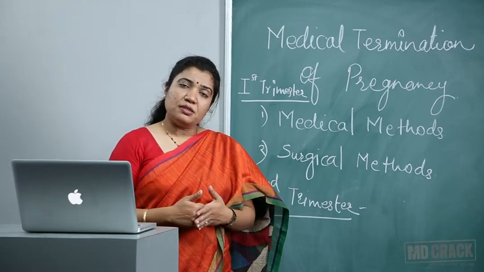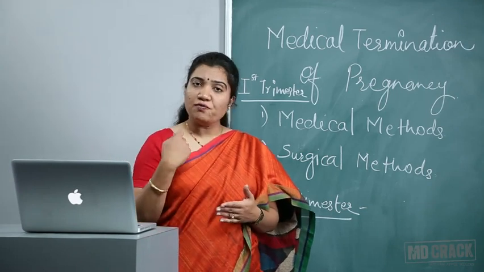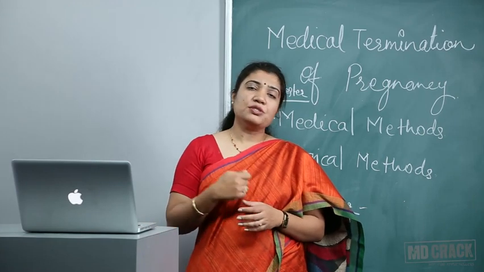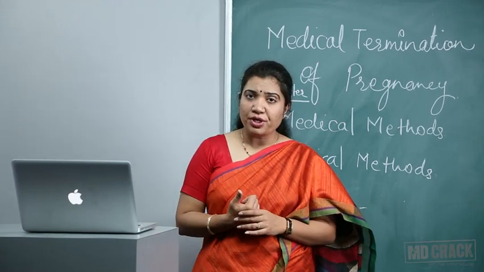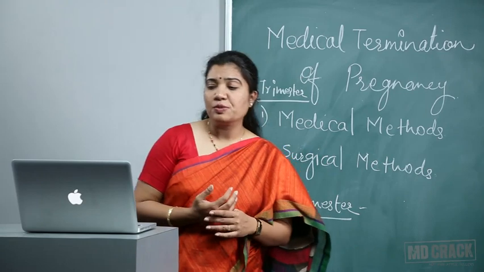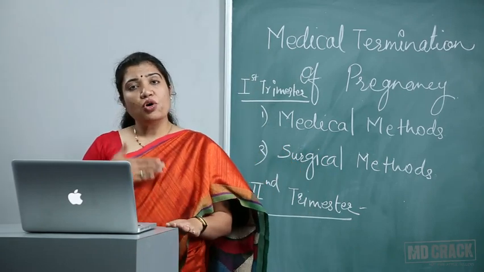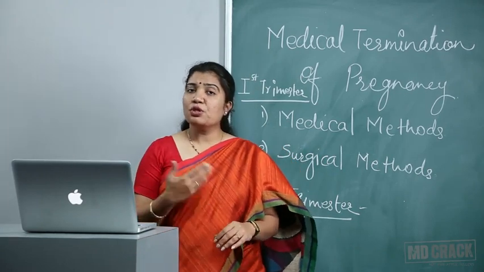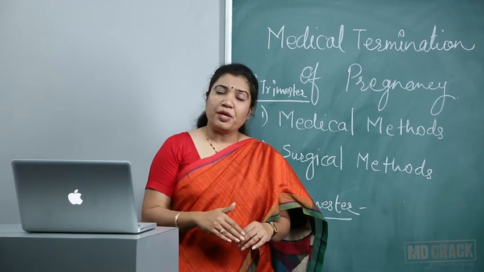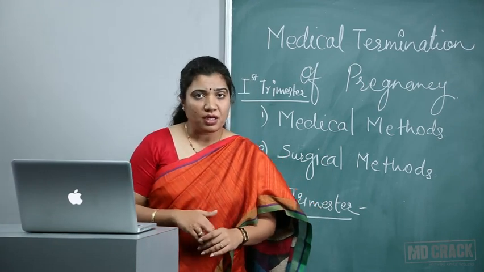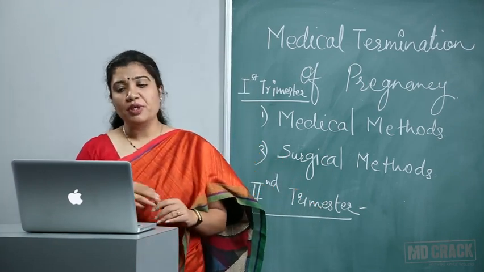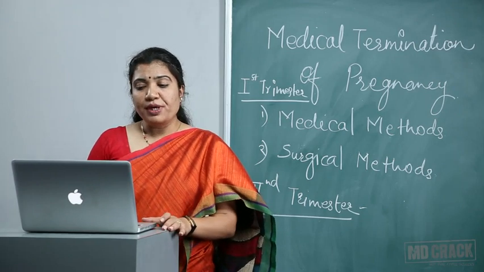If she is bleeding profusely, we have to evacuate the uterus by a surgical method, that is dilatation and curettage, and empty the cavity as early as possible. In case of persistent bleeding because of incomplete abortion, we have to give her antibiotic coverage and then evacuate the cavity to avoid septic abortion.